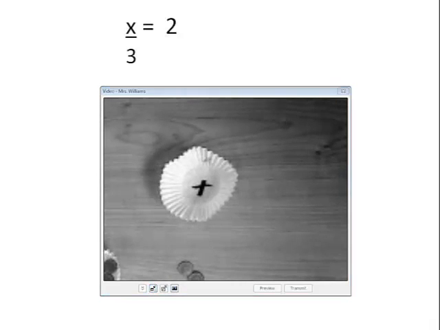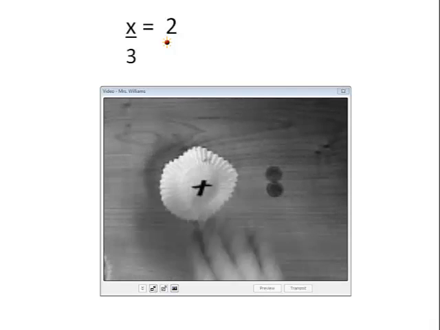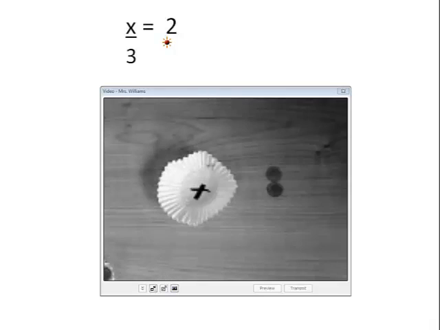Coefficient, remember, is the number in front of your x. There's no coefficient there. What we really have is x divided by 3 is equal to 2. So using our rules, we know we have to start with 2 pennies. So what we're really saying here is somehow we have to figure out x and divide it by 3 to get it to equal 2.